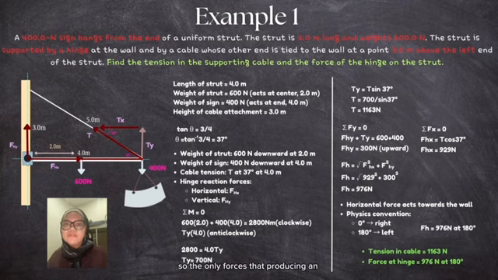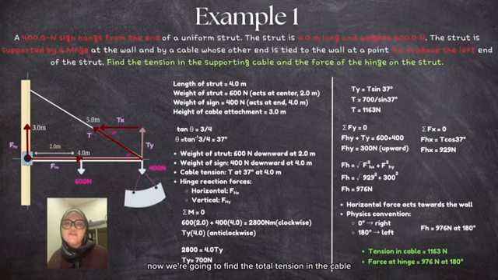The only force producing an anti-clockwise moment is the vertical component of the cable tension Ty, acting at a distance of 4 meter. Anti-clockwise moment is Ty times 4 meter. For equilibrium, the clockwise moment equals the anti-clockwise moment. So 2800 equals 4 Ty. So Ty equals 700 Newton.